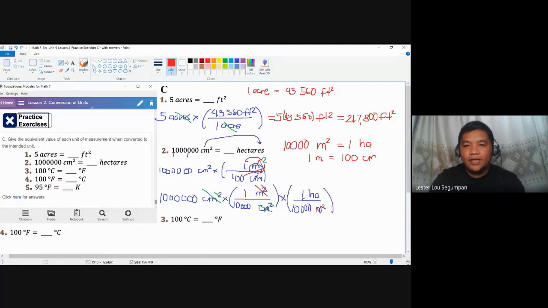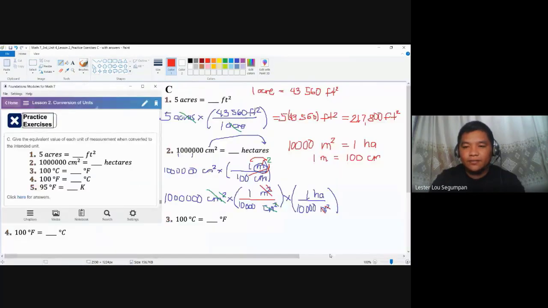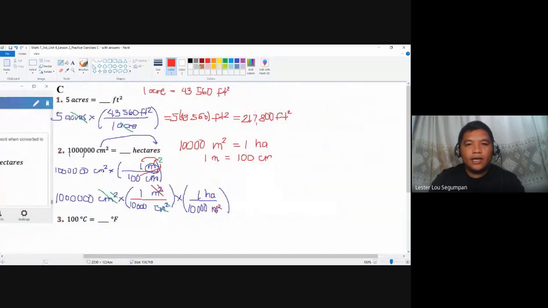So let me increase this size, sorry for that. And then we will have 1 million times 1 times 1. So you have 1 million hectares over 1, because that's again all over 1. You have 10,000 times another 10,000 here.